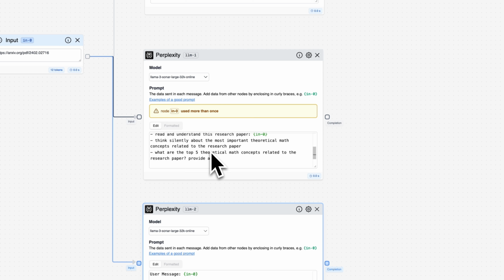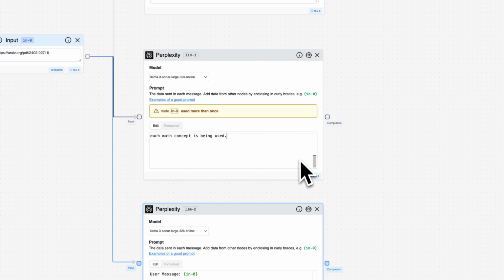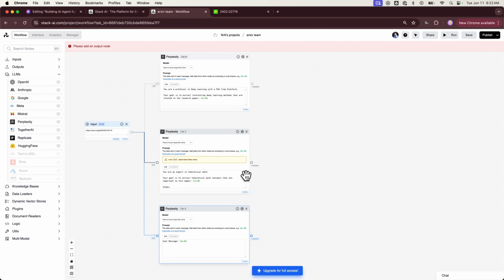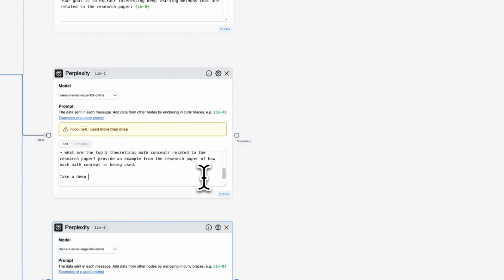Provide, yeah, let's say we want an example from the research paper of how each math concept is being used. Okay, so we'll see how that works. We can change this later. Trying to think anything else. So we have the steps. Yeah, we'll do the chain of thought here. So take a deep breath and take it step by step.